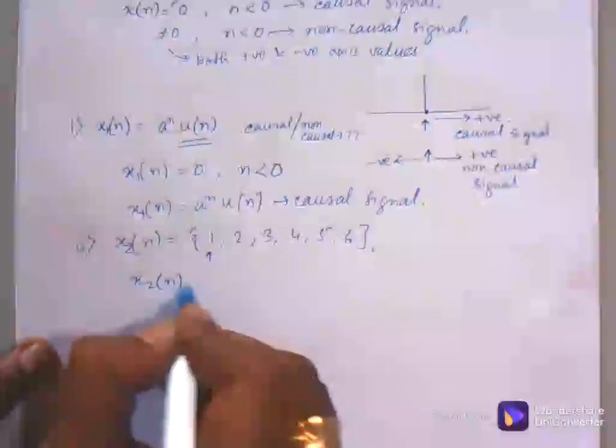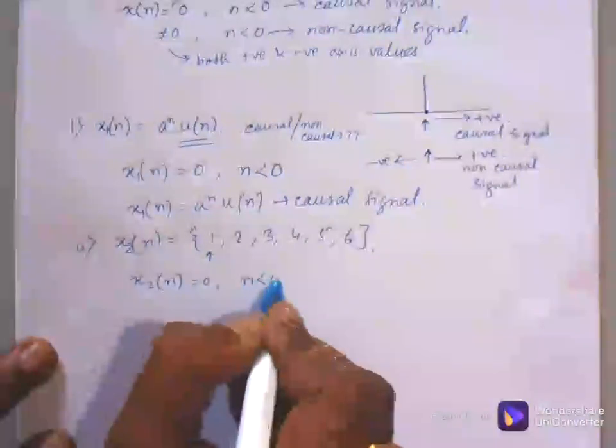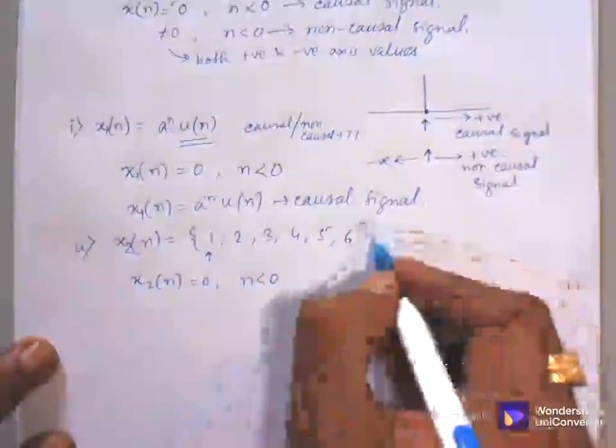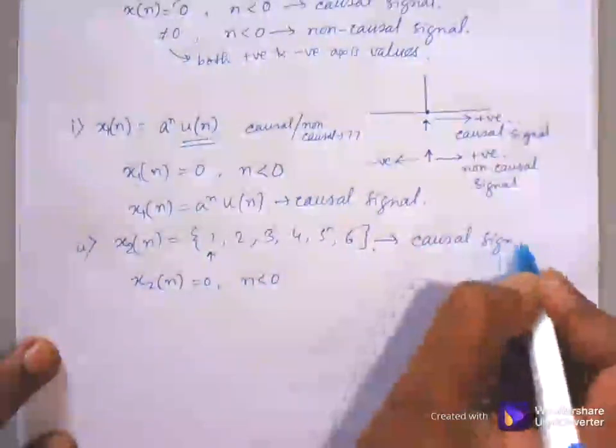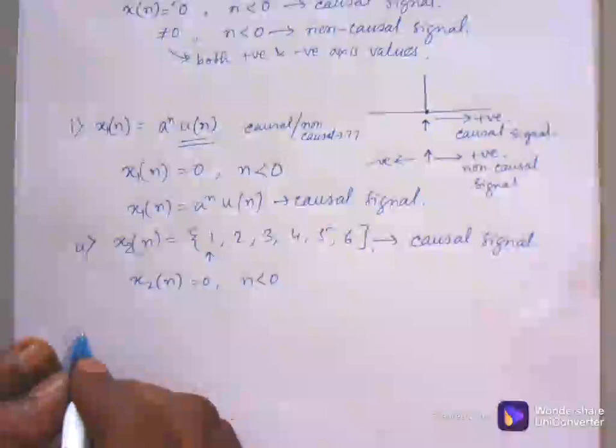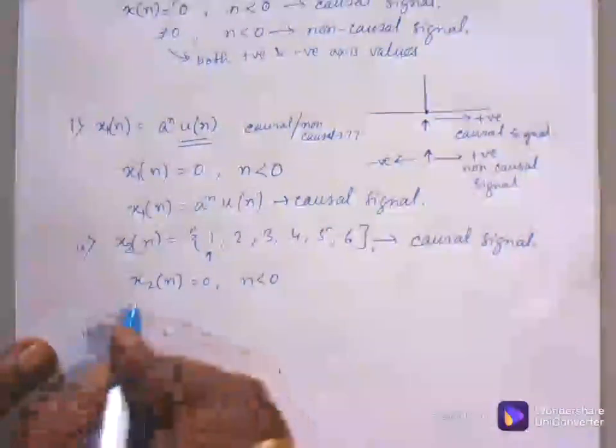On the negative axis it has 0 value. So x2[n] equals 0 at n less than 0, and I can say this is a causal signal.